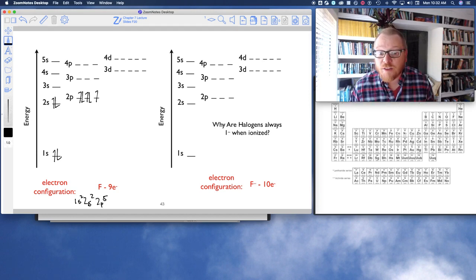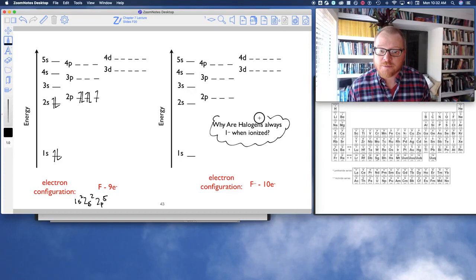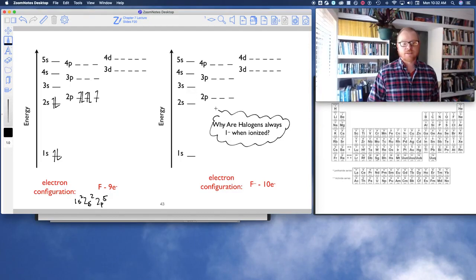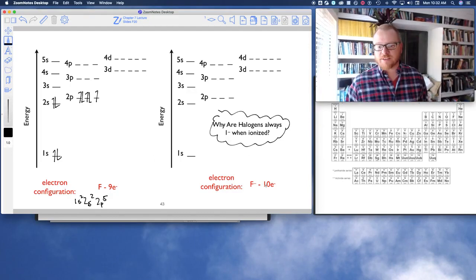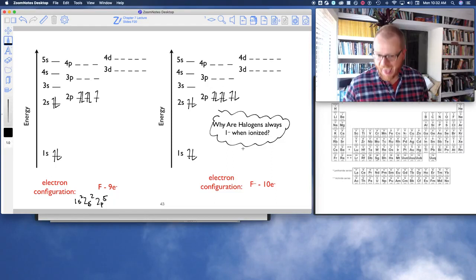So now why are halogens always -1 when ionized? Well, look, now we've got 10 electrons, and maybe you can guess where this is going, right? There's fluoride, F-, and there's 1, 2, 3, 4, 5, 6, 7, 8, 9, 10.